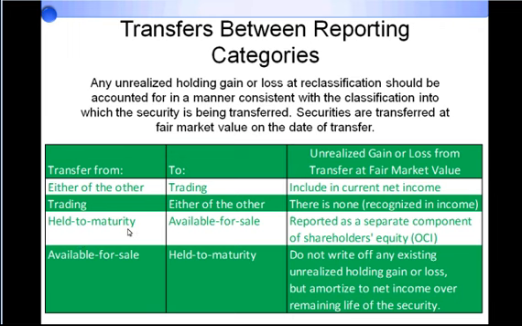If we go from held to maturity to available for sale, remember, under available for sale, we're not taking this to income. Instead, we're putting it in that OCI, that other comprehensive income statement.